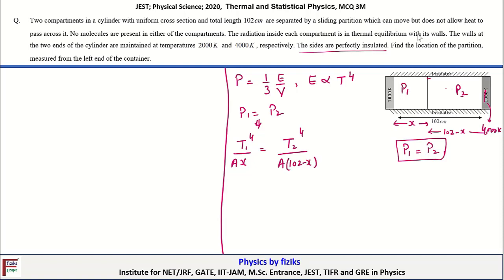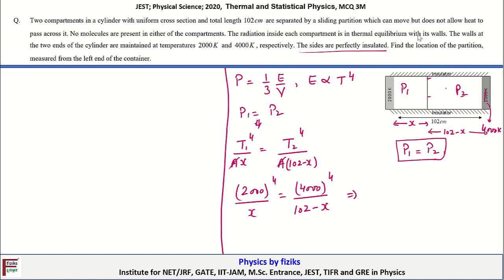When these two quantities balance, P1 becomes P2, and the partition will stop moving. So A and A cancel each other. Let's substitute the values of T1 and T2. Here T1 corresponds to 2000 to the power 4 divided by x, equal to 4000 to the power 4 divided by 102 minus x.